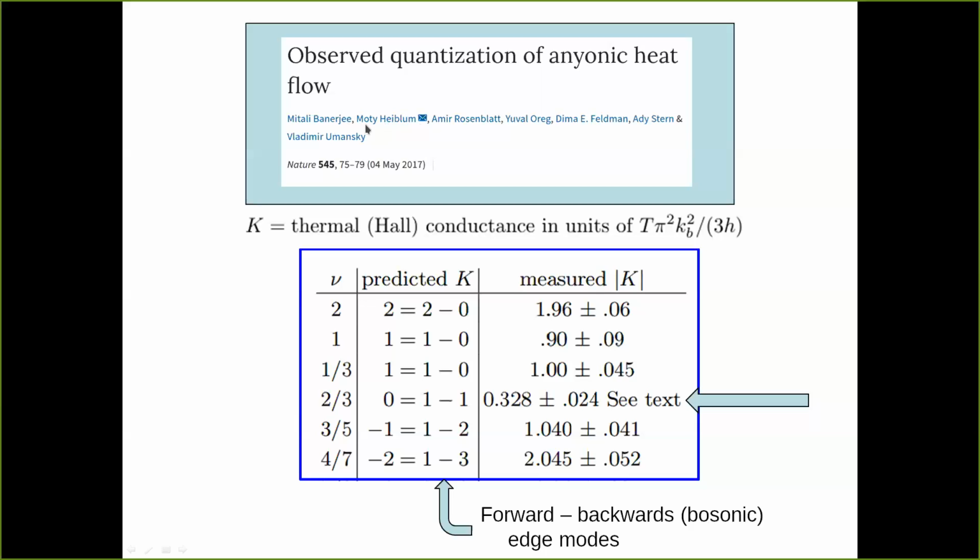The postdoc, a young woman named Mitali Banerjee, is a superstar experimentalist, who now has a professorship in, I think, Lausanne, and she's setting up her lab to do this kind of experiment. So she'll have independent measurements of the same sort, whether you call that an independent reproduction or not, because it's in a different lab, but it's the same person. I don't know, but there will be competing groups doing the same kind of thing.